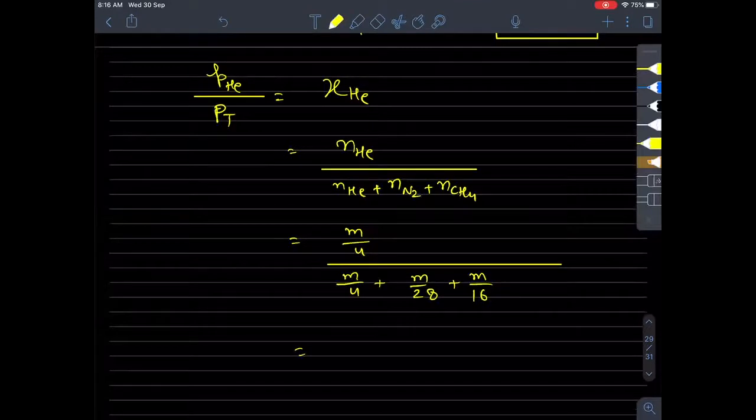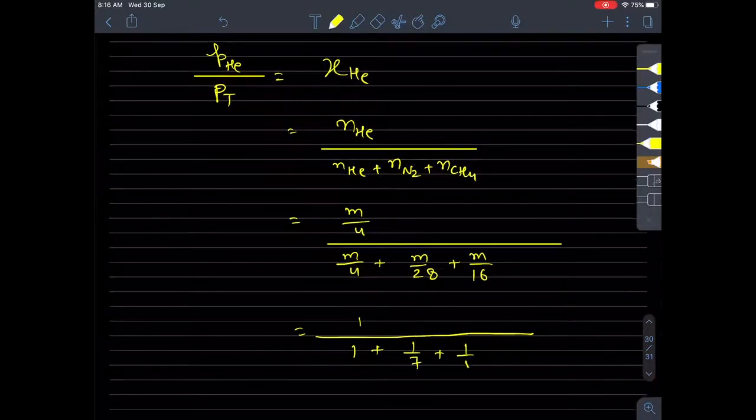So M will be cancelled out. Multiply by 4 in numerator and denominator. What are you going to get? You will get 1. So you will get basically 1, and M is cancelled out. So 1 by 7 plus 1 by 4. Agreed or not, guys?